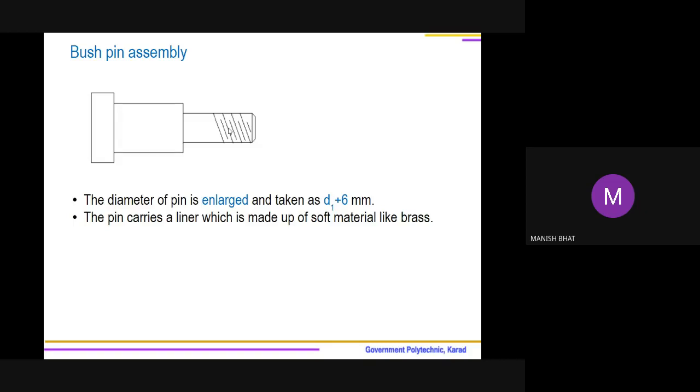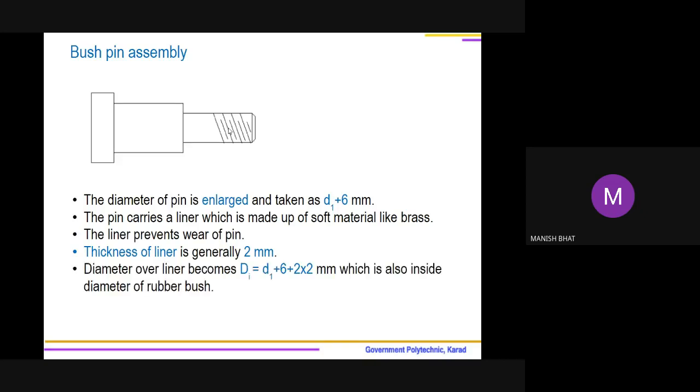So as to protect this pin, a liner made of soft material is provided. Generally a brass liner is provided which prevents wear of the pin, and the thickness of that liner is small, up to 2 millimeter. So that liner is placed over this particular pin.